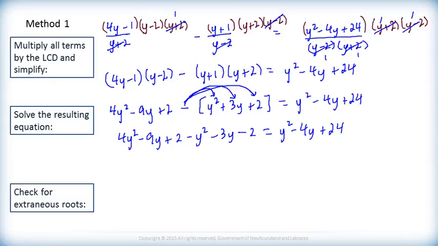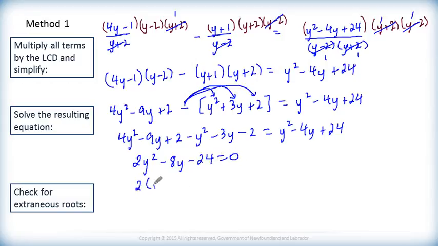It's a quadratic equation. We want to make it equal to 0. I won't show all the rearranging, but essentially it works out to 2y² - 8y - 24 = 0.